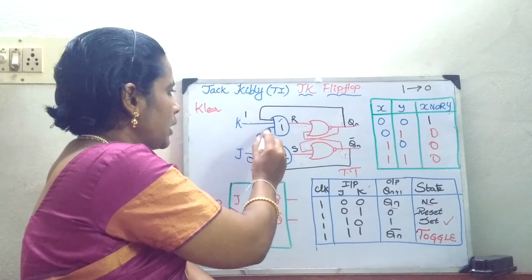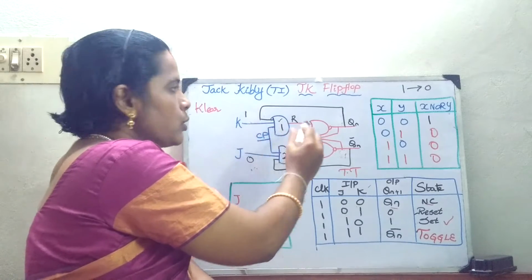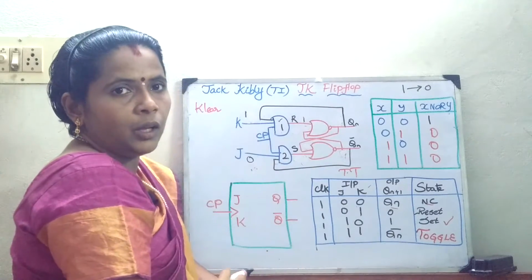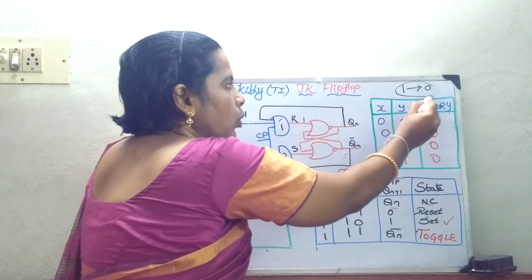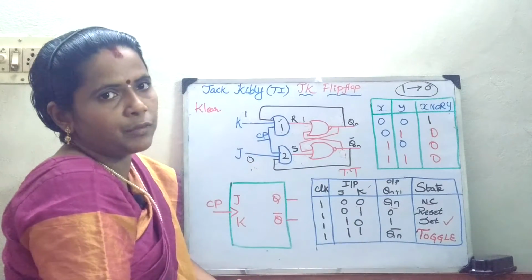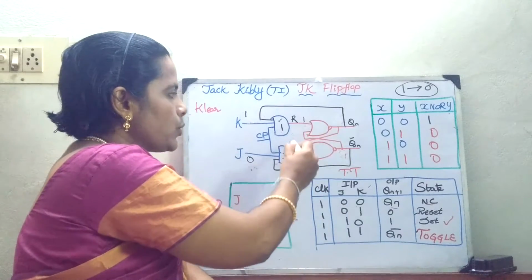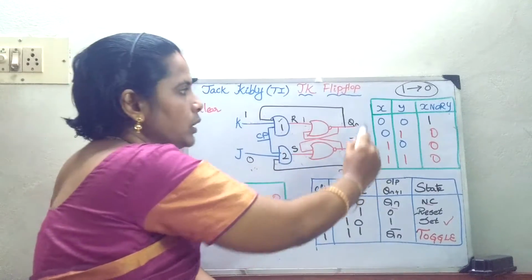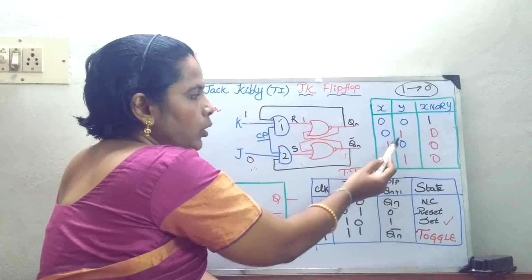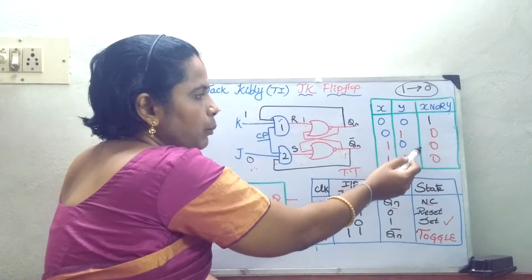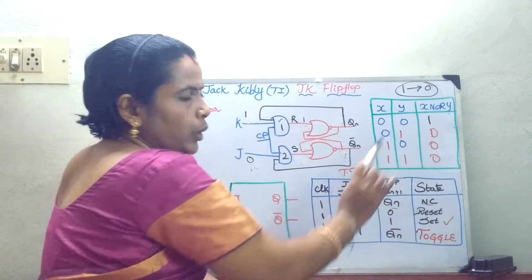The clock pulse is given, your input is given. So this 1 from the K will pass on to R. Here, what is the logic we know from the NOR gate? We have already seen this logic in the RS flip-flop. Because you are using the NOR gate, you have to follow this concept: when one input or both the inputs are 1, irrespective of the other input, which can be either 0 or 1, the output is going to be 0.